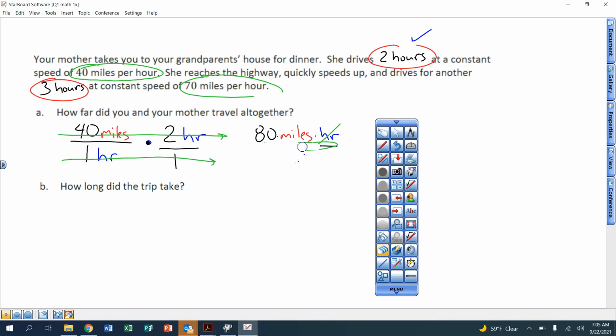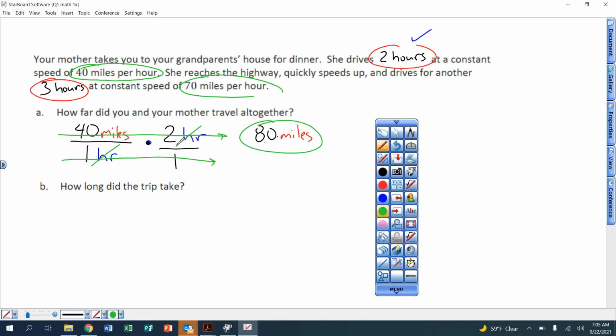And on the bottom, we never write over 1, because that would just be a waste of ink. We know every whole number is over 1. So after all that, hours go away, just leaves me 80 miles, because it makes sense. If you in 1 hour went 40 miles, in 2 hours doubled that, 80 miles. 3 hours triple that, 120 miles.